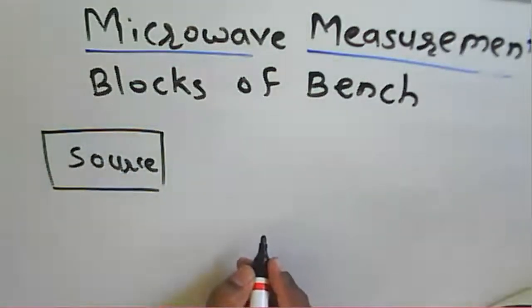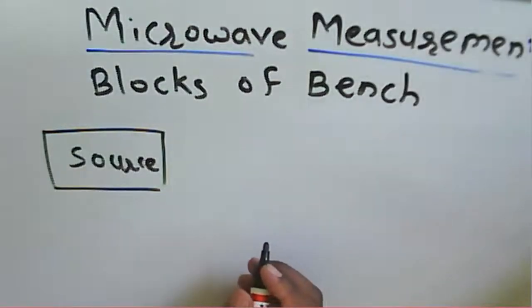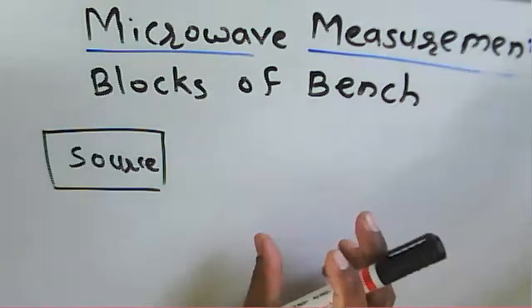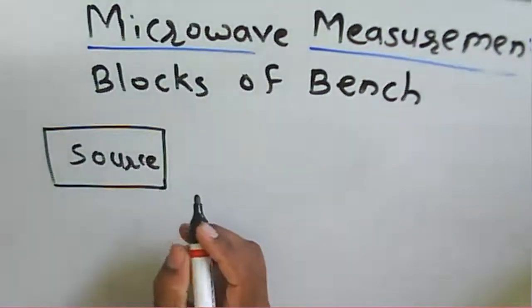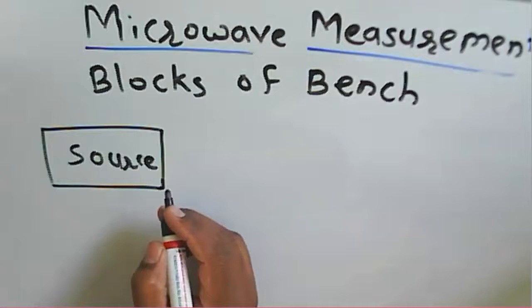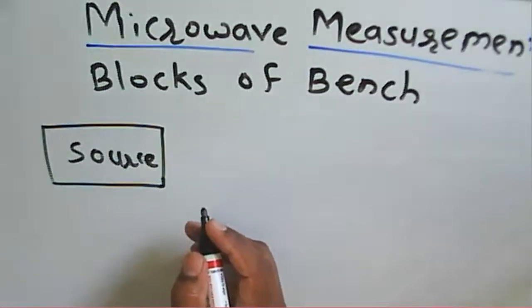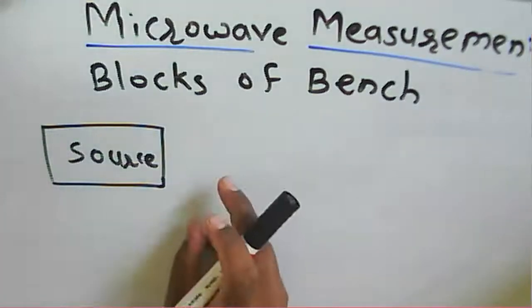What type of source is used here? That source can be a klystron, or any other device. For a microwave bench in a laboratory measurement, we use a reflex klystron as the microwave source.